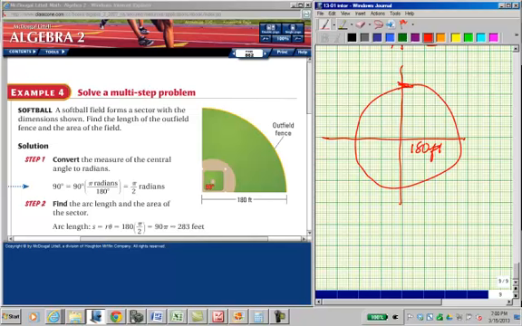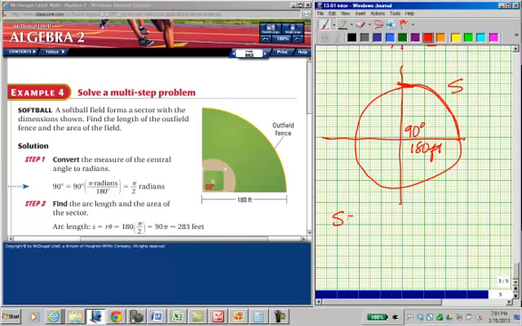So we want to know the length of the outfield fence, and then we want to know the area of the whole field. Okay, so 90 degrees is the central angle, okay? And so we want to know the S, and then we want to know A. We want to know the area of the field.